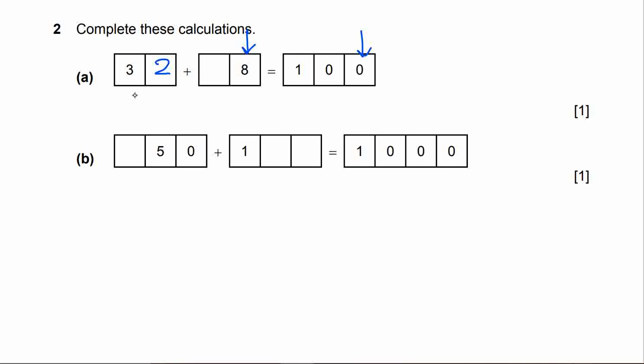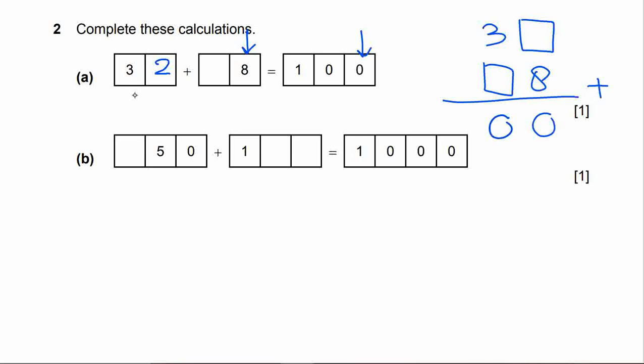And then you see here 30 and 8 plus to get 100. Now in here I write that is 2. So 2 plus 8 is 10. So we keep 1 here.